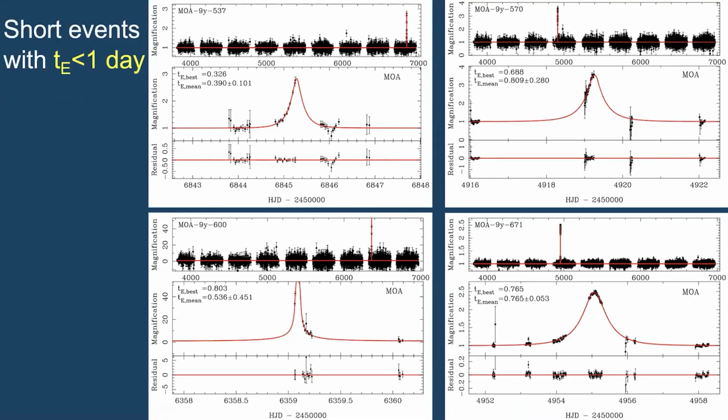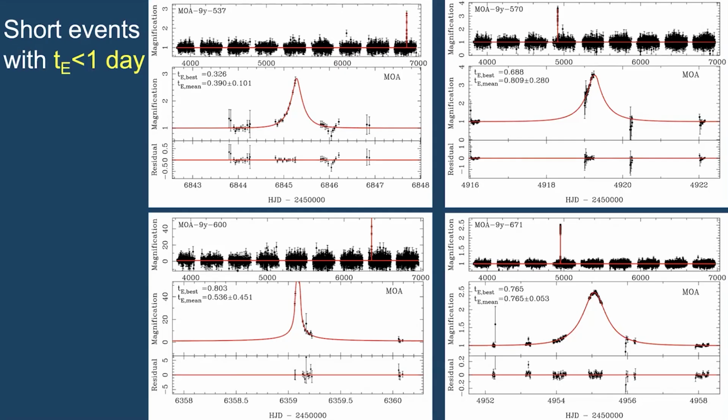Here are some sample light curves with a timescale of less than 1 day. The top panel shows the light curve over the 9 years to make sure there is only one brightening episode. Flares sometimes repeat, so this is a clear microlensing signal. The middle panel shows a close-up view. Most of the timescales are less than 1 day.